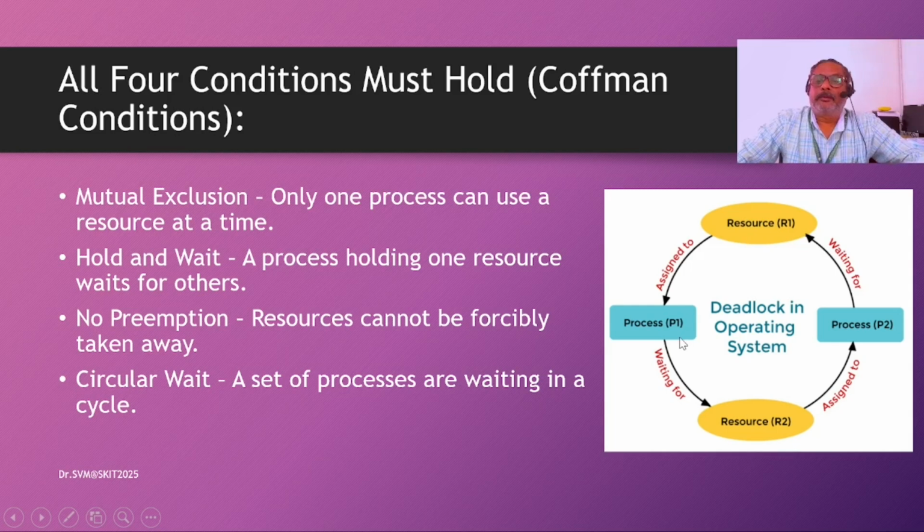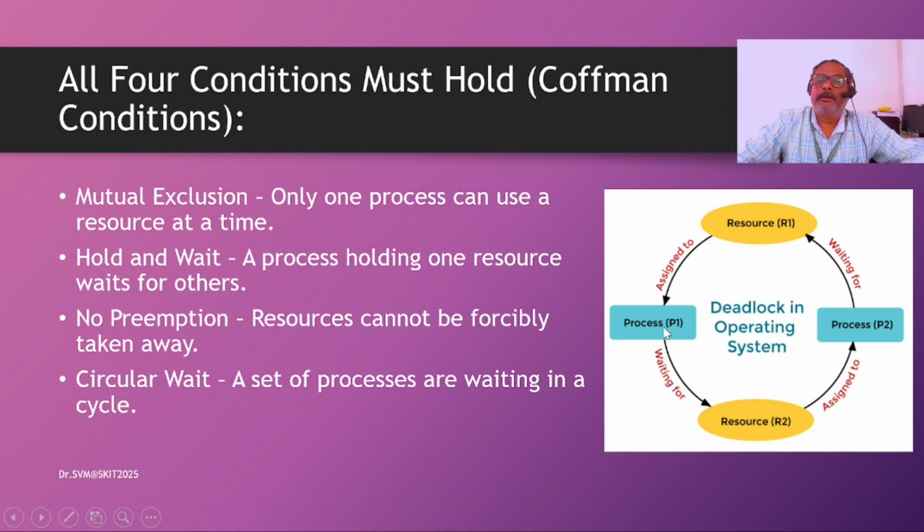Hold and wait: P1 is holding resource R1 waiting for R2, P2 is holding R2 waiting for R1. Yes, it is there. And if this scheduling is non-preemptive, then you cannot stop this whole thing from outside.